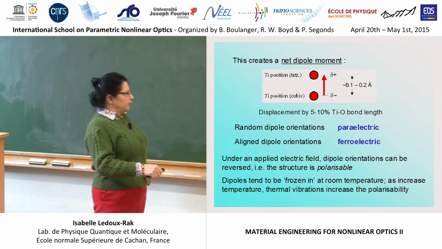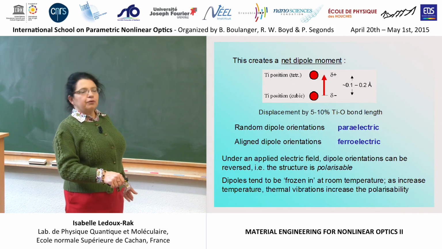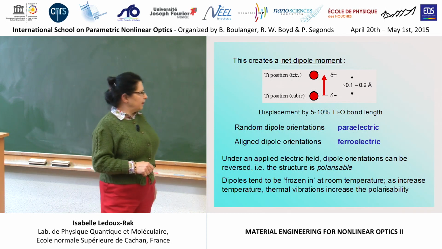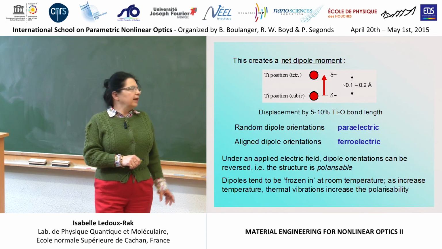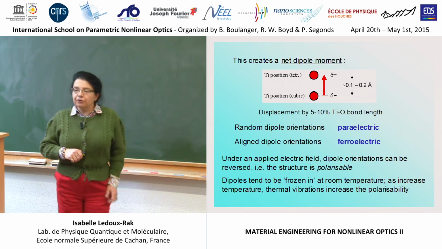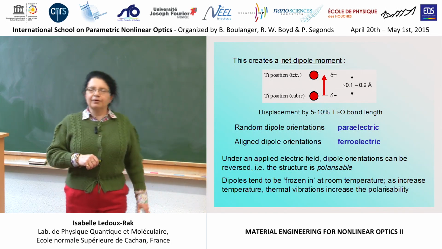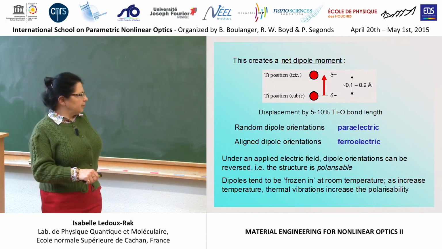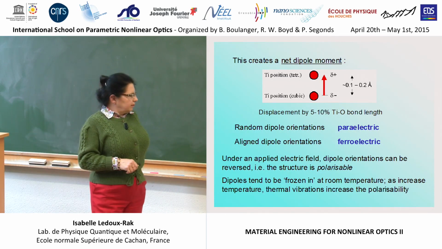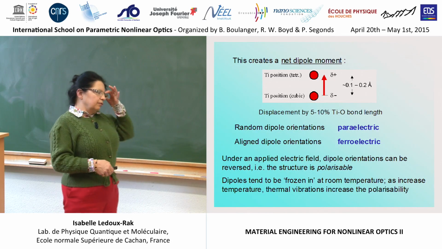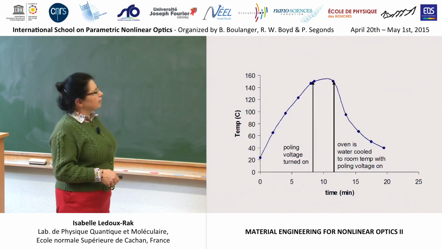And this dipole tends to be frozen in at room temperature, so the principle will be to apply a field at a higher temperature, and we will see the method also later on for nonlinear molecules in polymers. And this results in a strongly nonlinear structure.